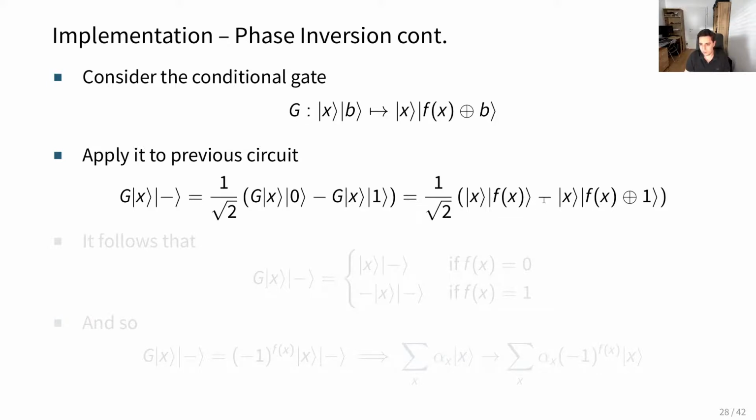Minus the input we get from before, and now we know it's 1, so basically we add x or 1 to this function output here.